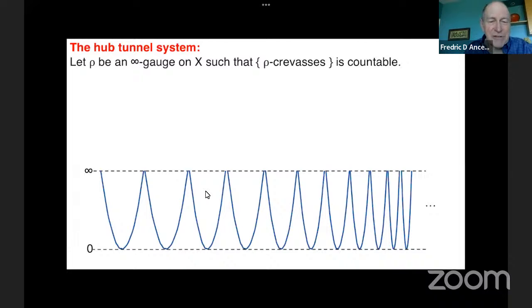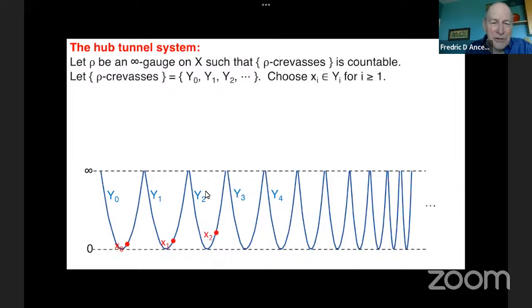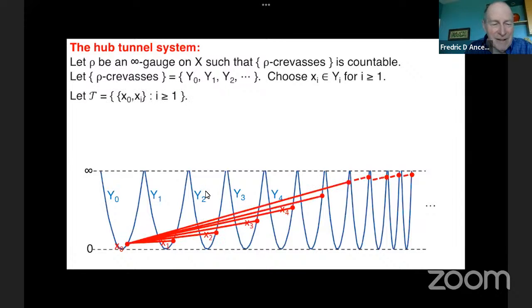And now I want to describe a specific tunnel system, assuming that I have countably many crevasses, which is what I will have if the space is sigma compact. And the idea is this: the number of crevasses is countable, so you label them, and then you choose points out of each, and then you create tunnels in the way I've shown, where you only connect everything to the point x0.